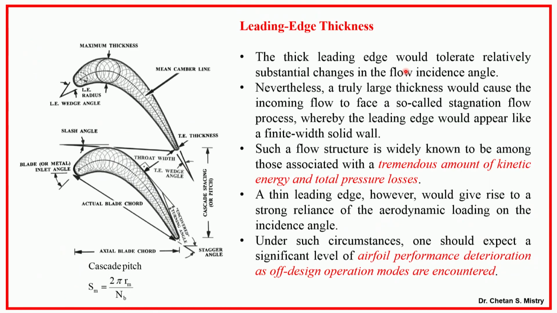Now, next term is in terms of leading edge thickness. So, this is my maximum thickness that is occurring. What will happen now, because of this maximum thickness, as we have seen, we will be having our acceleration of flow up to certain distance, and then after my flow will be following this path.